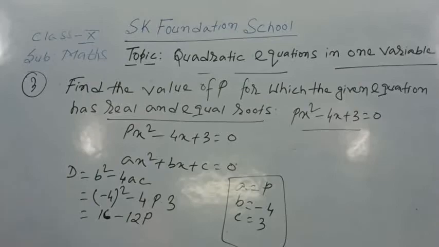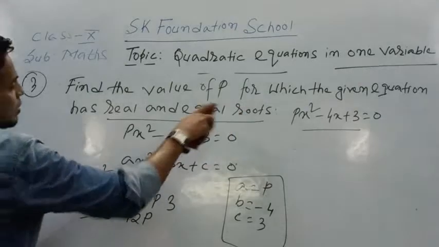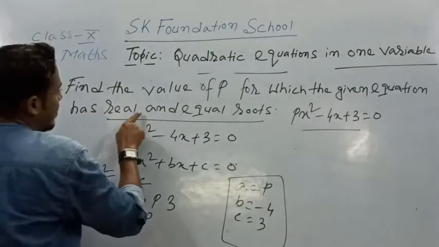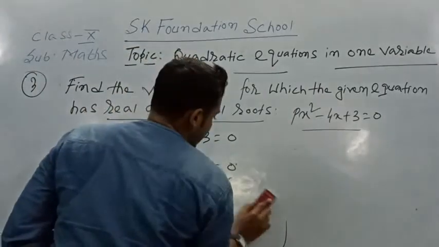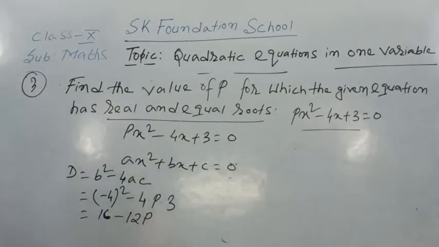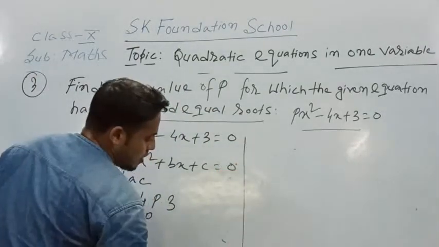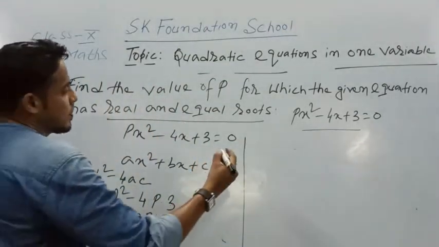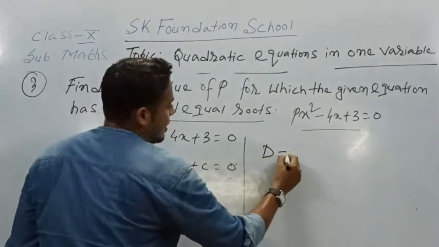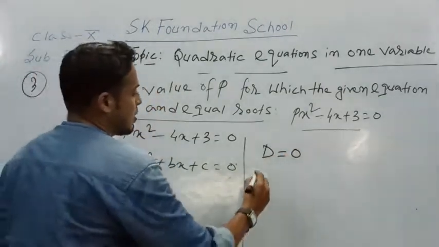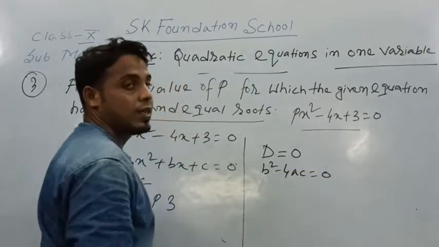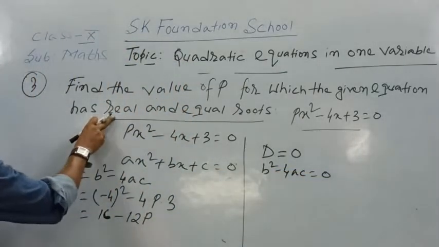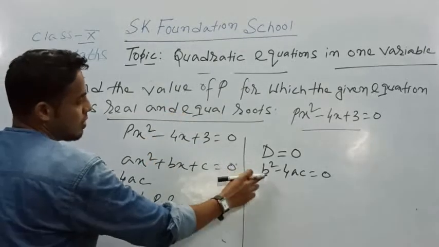Now look here. It is mentioned that the equation has real and equal roots. When the statement says real and equal roots, as you know, the value of D equals 0, that means b square minus 4ac equals 0. At that time the roots are real and equal, right?